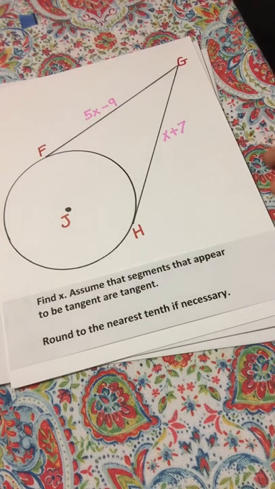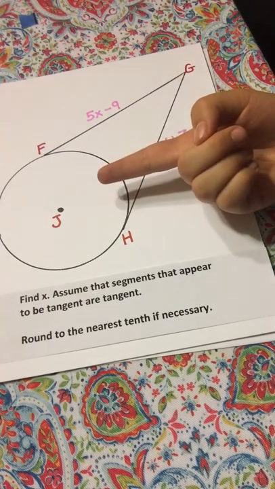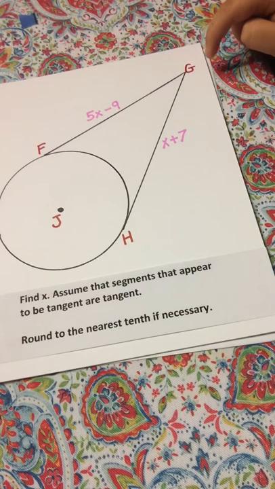So now our problem is asking us to find x, and we're assuming that the segments that appear to be tangent are tangent, and we're asked to round to the nearest tenth if necessary. J is the center of our circle, and point G is outside the circle, while FG is a line segment that connects G to exactly one point on the circle.